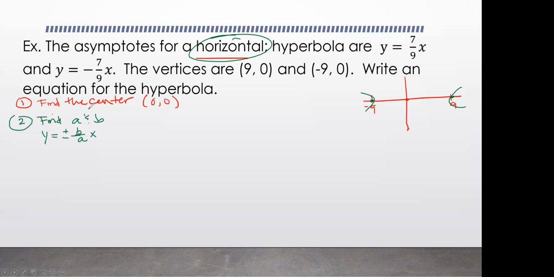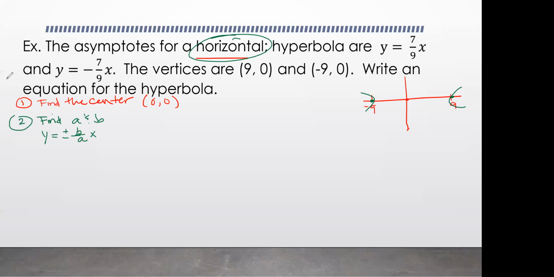If you're wondering where I got that from, those are on page 624 of your textbook, and on the chart, it says equations of asymptotes. So you need the one for the horizontal hyperbola when it's centered at the origin.